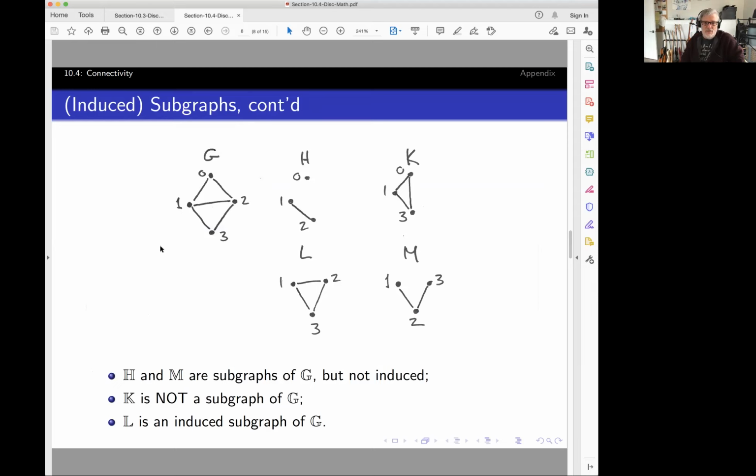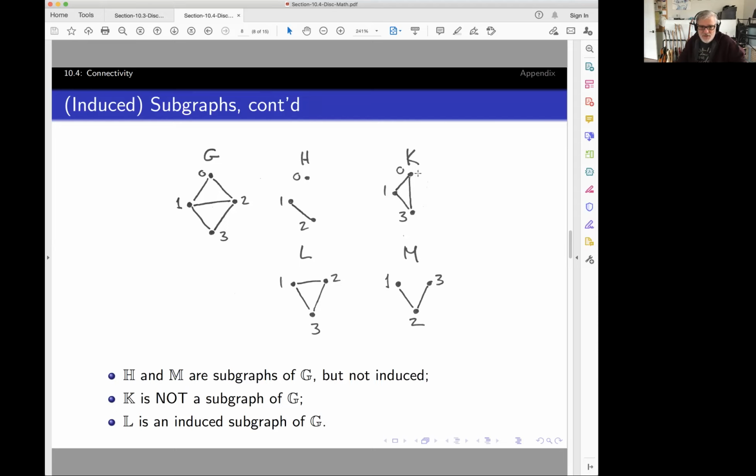Now I have four other graphs here, H, K, L, and M, and I want to determine whether they are subgraphs of G, induced subgraphs of G. Okay, let's start with K, which is the easiest one of the bunch. K is not even a subgraph of G. Why?